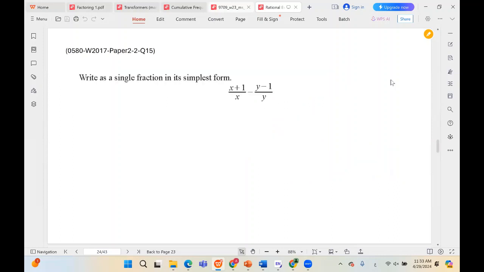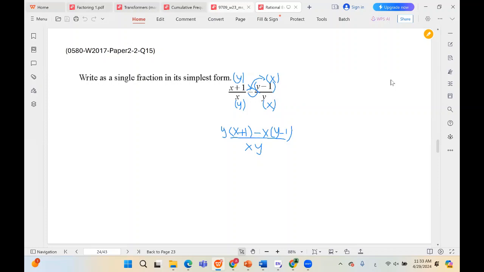So for this case, we need to multiply here by y, and we need to multiply here by x, and then we imitate in the numerator. So our common denominator will be just xy, and in the numerator we have y times x plus 1 minus x times y minus 1. There's a negative sign here, so we multiply these two together, and then multiply by the bracket.